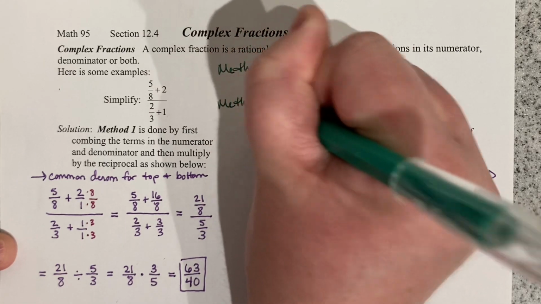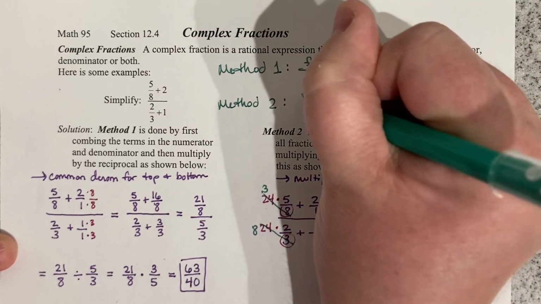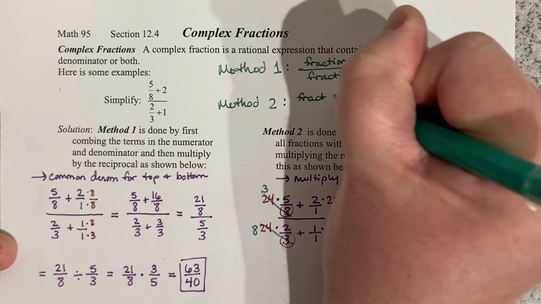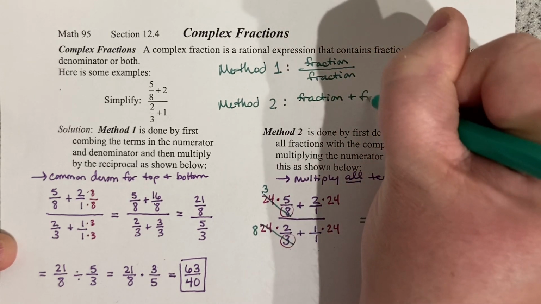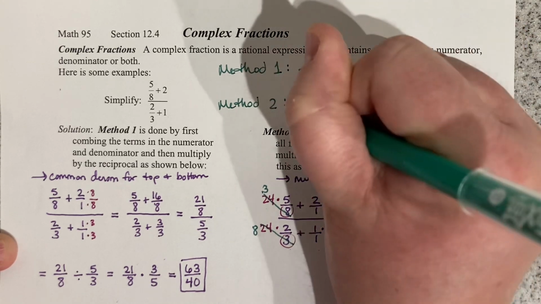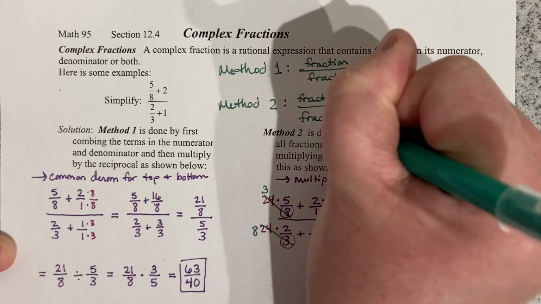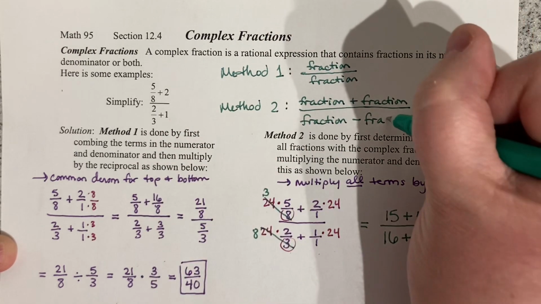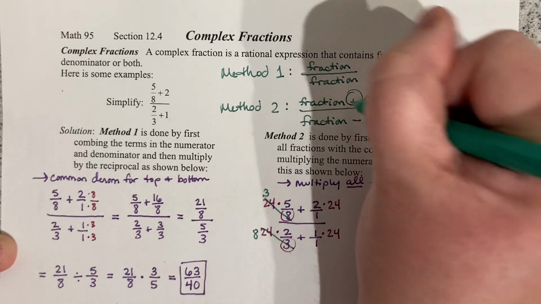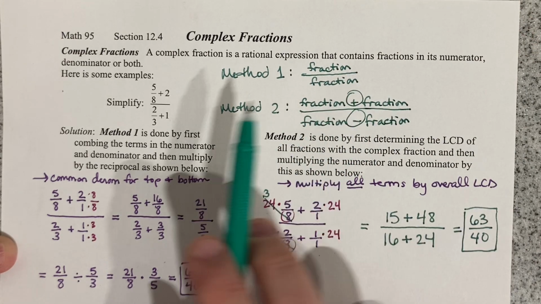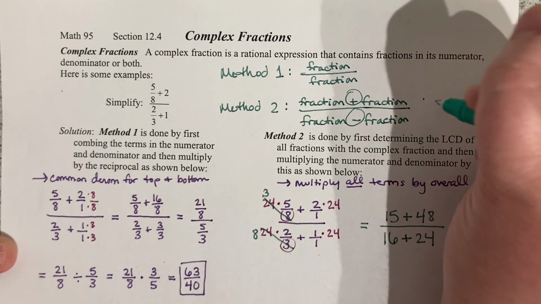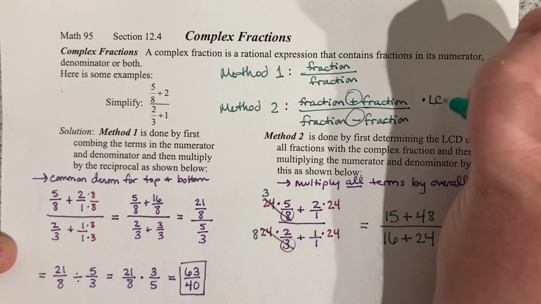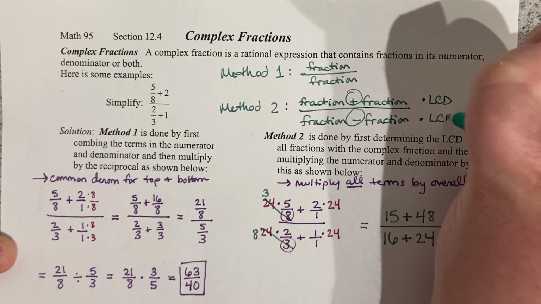That is my personal preference. It doesn't have to be yours. But if you see a fraction plus another fraction, or a fraction minus another fraction, or in this case, even with these whole numbers, when there starts being additions and subtractions in there, that's when I just multiply the top and the bottom by that common LCD.